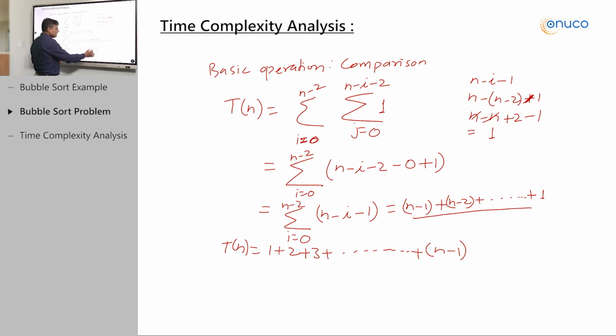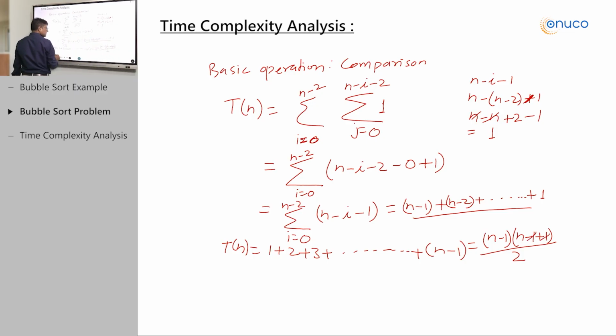What is the value of n here? n minus 1. And the formula for the sum of n natural numbers is n into n plus 1 divided by 2. So n is n minus 1, giving n minus 1 into n minus 1 plus 1 divided by 2, so the minus 1 and plus 1 got cancelled.